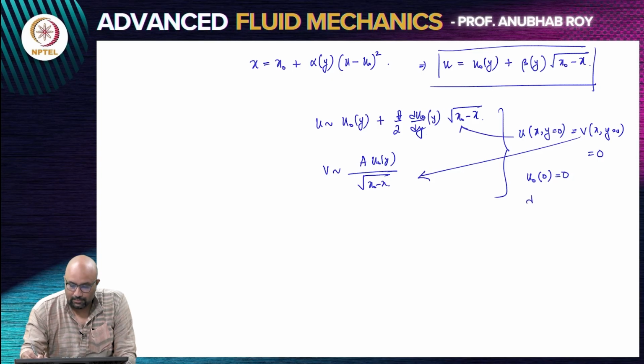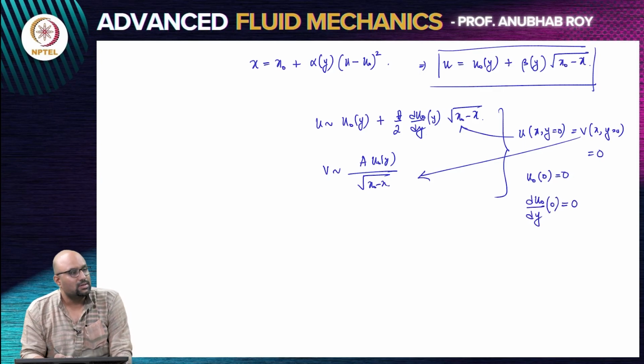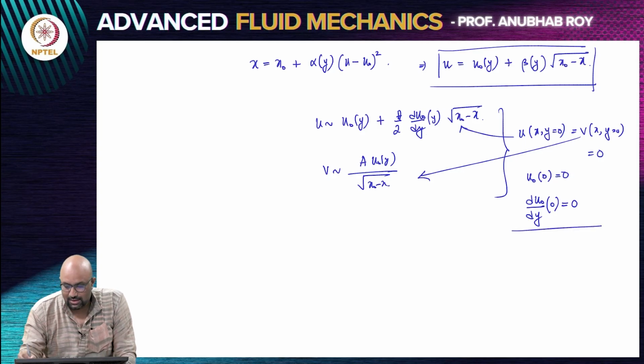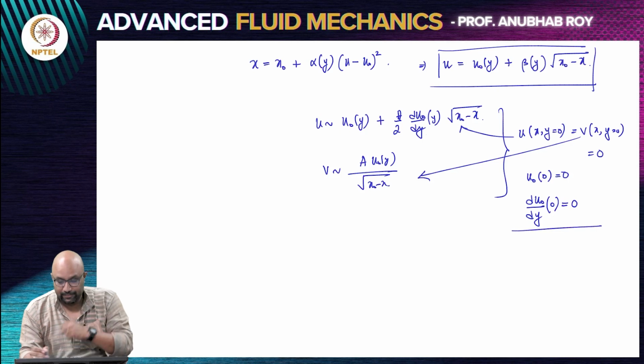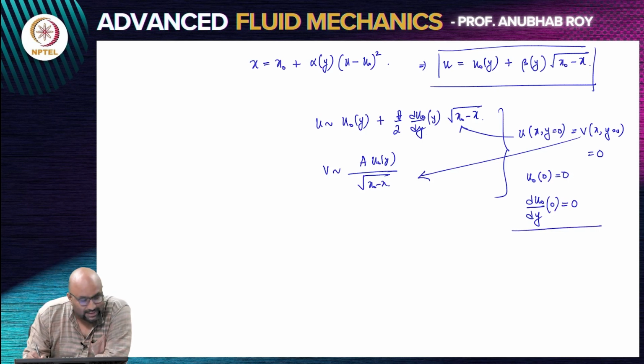du naught dy equal to 0 is equal to 0. This is a result that comes from Prandtl, that there is a point on the surface.